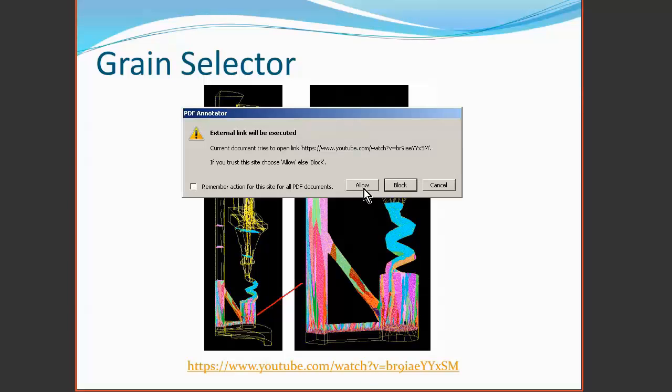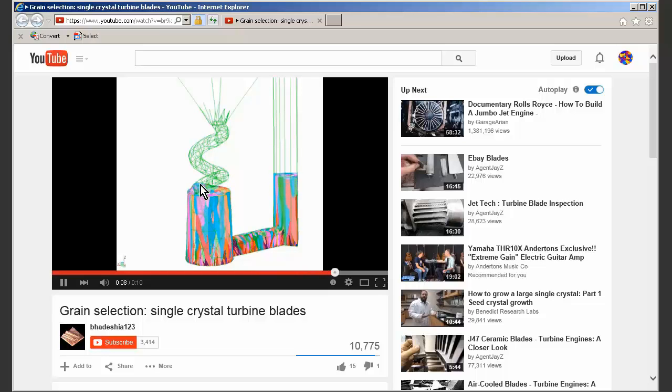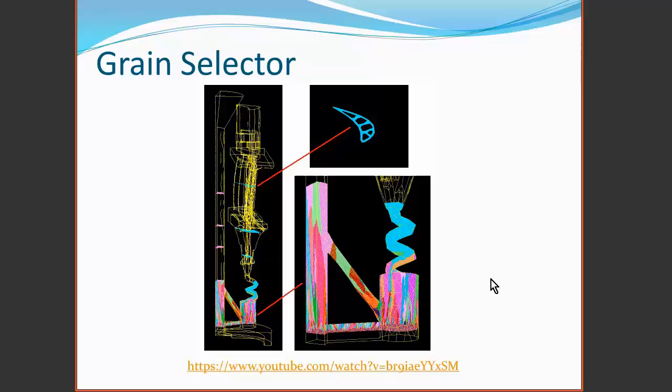And there's a simulation of how that occurs at the link shown. We can see here the columnar grains are growing, and then one is picked out, and then a single grain goes on to solidify the rest of the turbine.